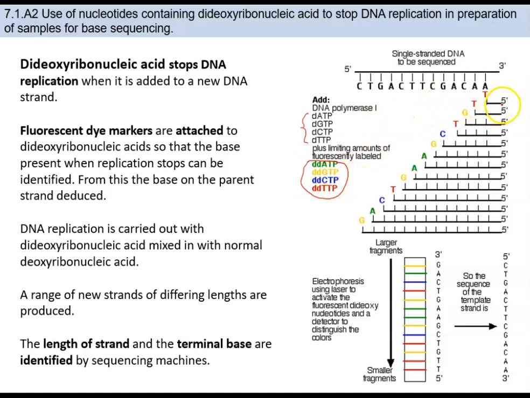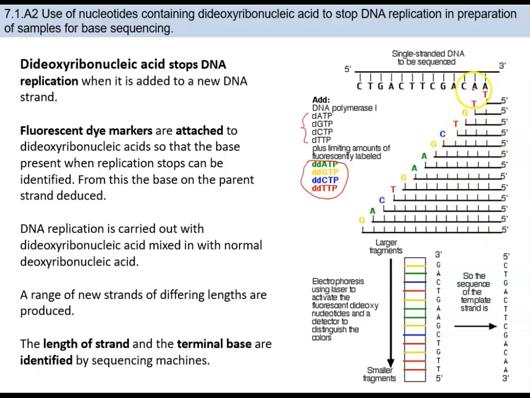So once the replication is starting, when it reaches here, which is T, then the fragment stops, the replication stops. Again, another replication starts, it reaches T, then it stops, and it reaches G, then it stops. It reaches T here, and again it stops.